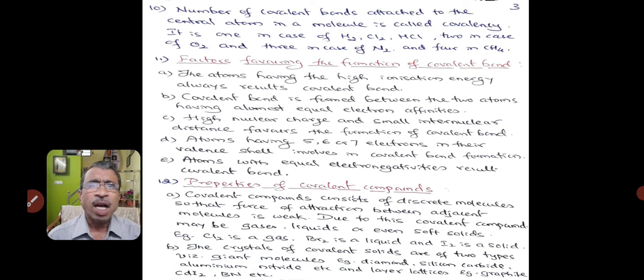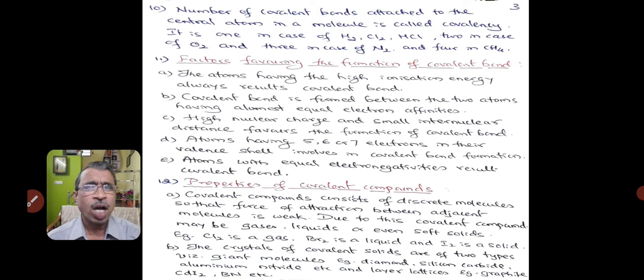Let us study the factors favoring the formation of covalent bonds. A covalent bond results only when the following conditions are satisfied. Number 1, atoms having high ionization energy always result in covalent bonds. A covalent bond is formed between two atoms having almost equal electron affinities.